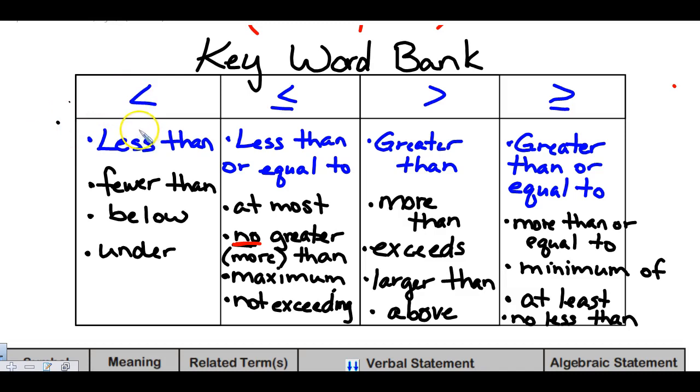So our 4 inequalities are less than, less than or equal to, greater than, and greater than or equal to. Okay, 4 different things. So rather than having an equal sign like we would in an equation, inequality statements have one of these 4 symbols in place of that equal sign.